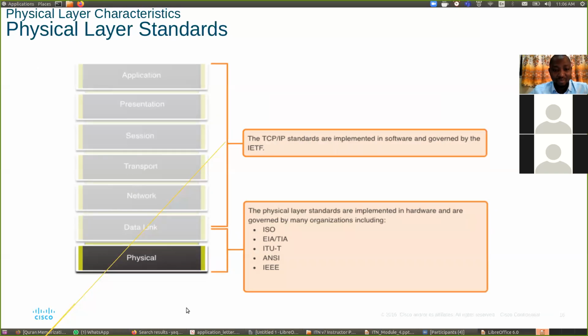So if you look at the physical layer here, it says the physical layer standards are implemented in hardware and are governed by many organizations. Like the physical layer devices, like the cables, there must be standards that every cable manufacturer must follow to manufacture physical layer devices.